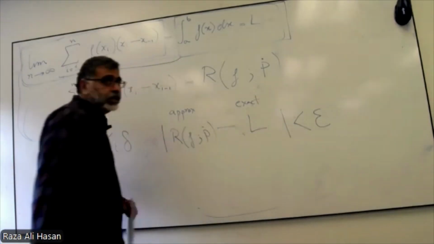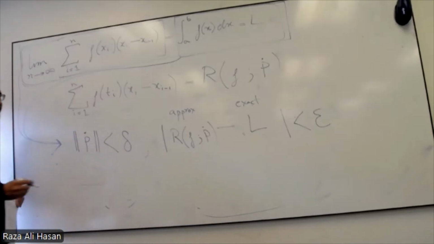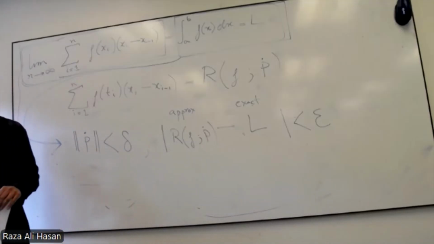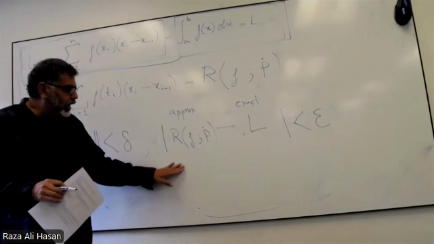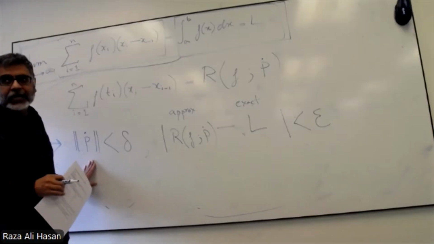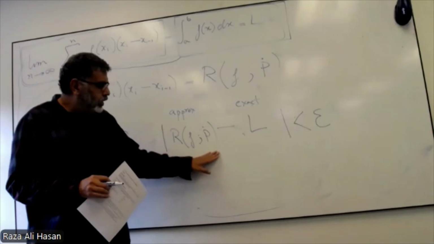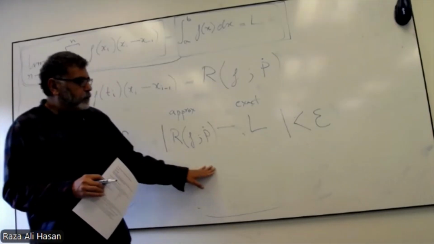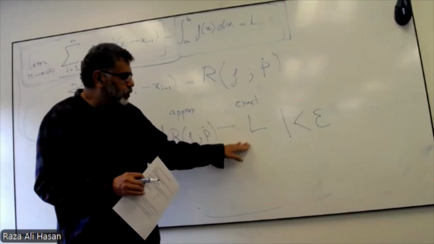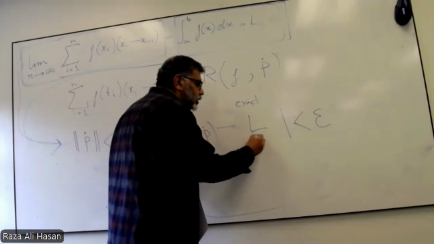And their difference better be less than epsilon. So what this is saying is that we're dealing with an infinite number of rectangles under the curve, or many rectangles under the curve. If the approximate value of the area under the curve minus the exact area of the curve is less than epsilon, then this exists.